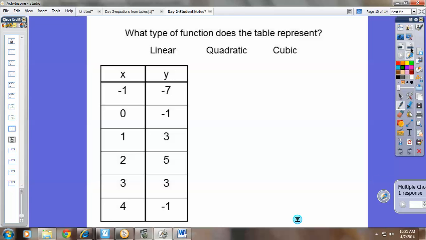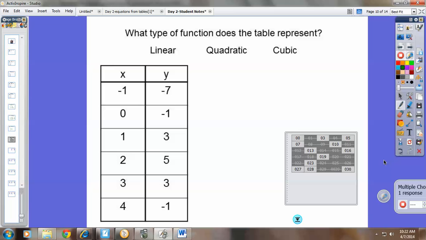Last one, this table. Linear, quadratic, or cubic. Negative 1 minus negative 7.